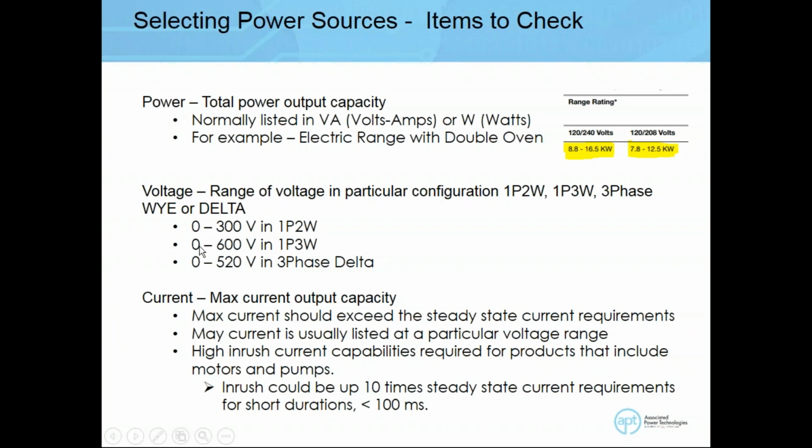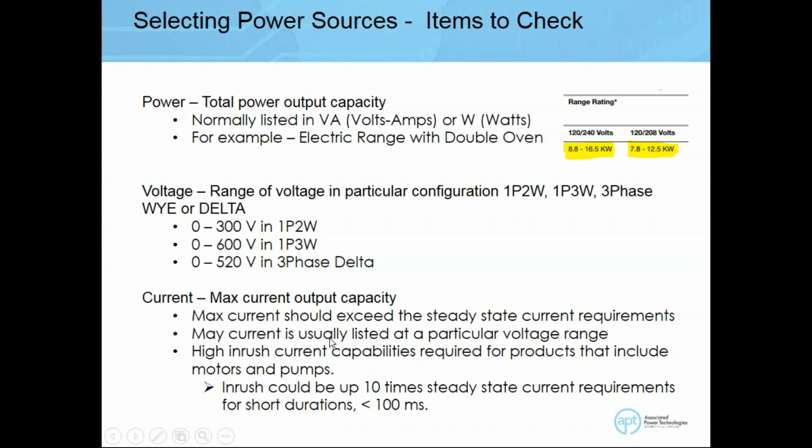The output voltage for single phase 3-wire is twice the output in single phase 2-wire, which will be 0 to 600 volts. When it comes to 3-phase configuration, some sources might list voltages anywhere from 0 to 520 volts. These are voltages listed for 3-phase, phase-to-phase voltage, also known as the line voltage.